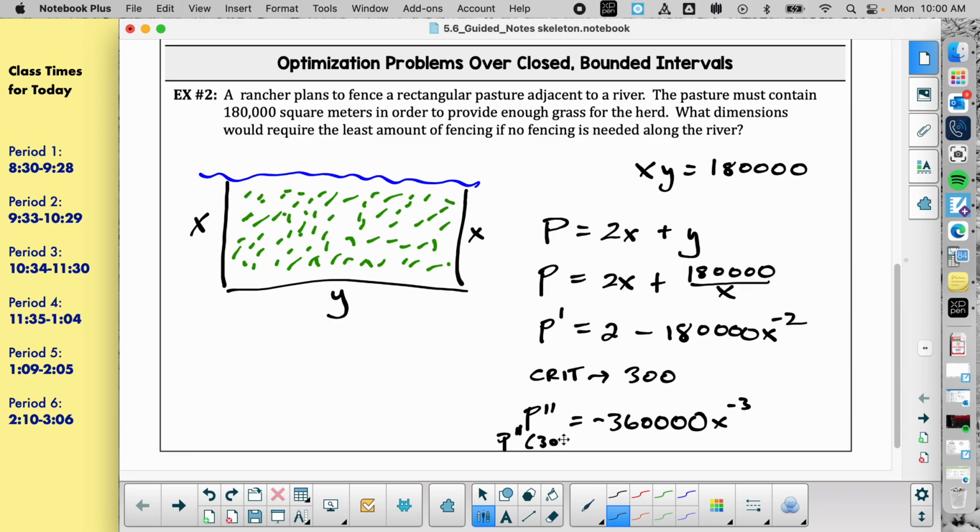Perfect. Negative 360,000 over 300 cubed would be a negative answer. I don't even need to know the number. Okay, negative answer though. Uh-oh, that's an issue.